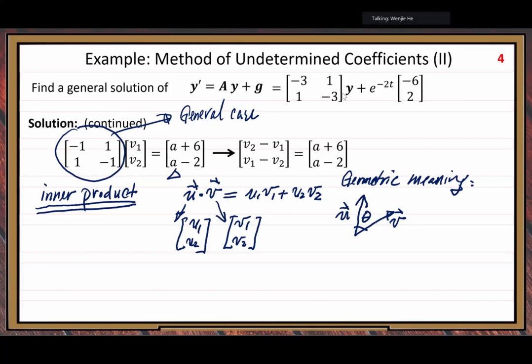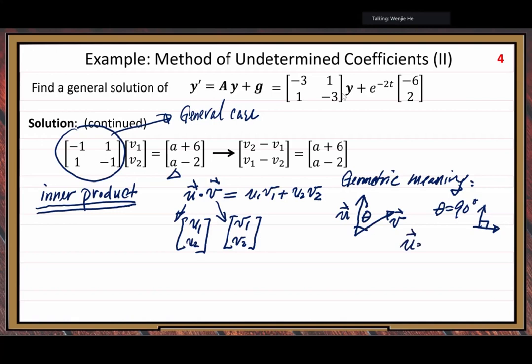Now, there is a special case. When theta equals 90 degrees, a right angle, then these two vectors are perpendicular. The angle is a right angle. So the perpendicular condition is that the inner product equals 0.